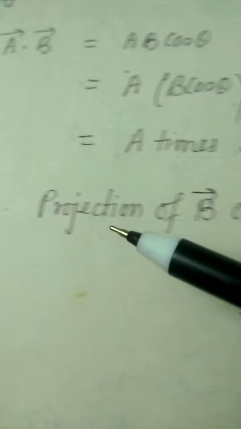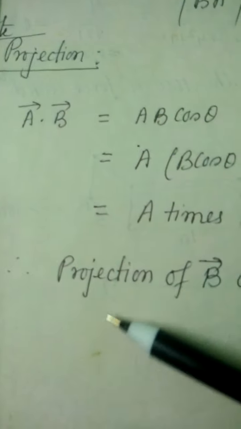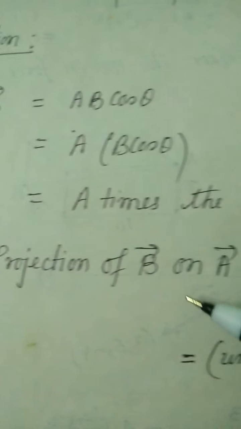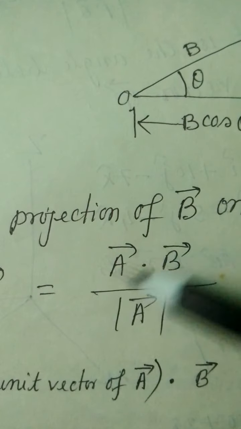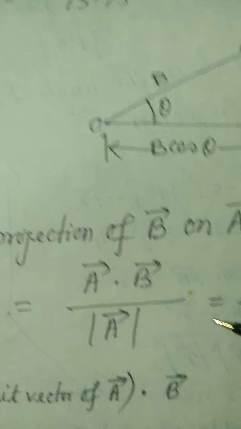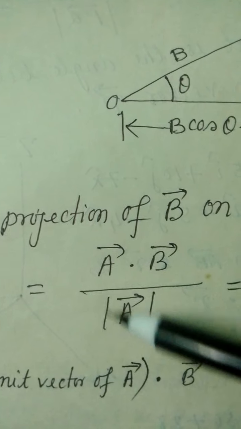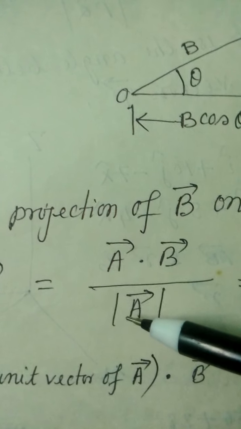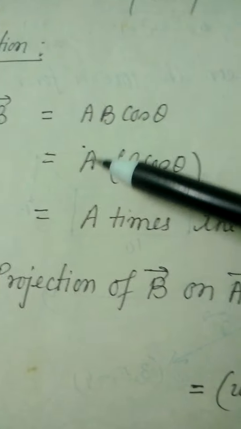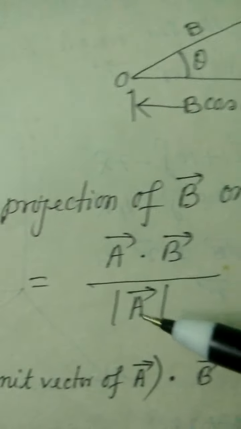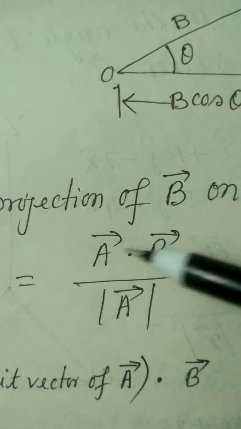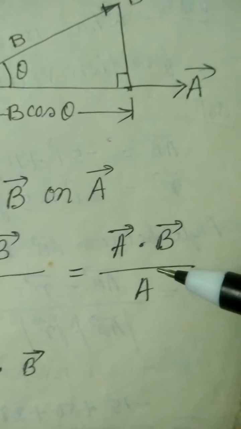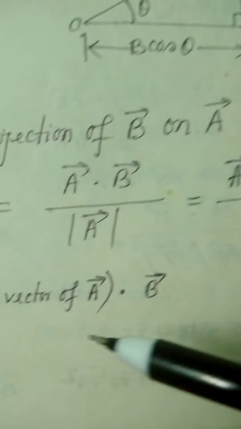So what will be the projection of B on A, the B vector and the A vector? This magnitude is nothing but the single A, this one. Now this by this is equal to the unit vector of A dot B. So this is nothing but this.